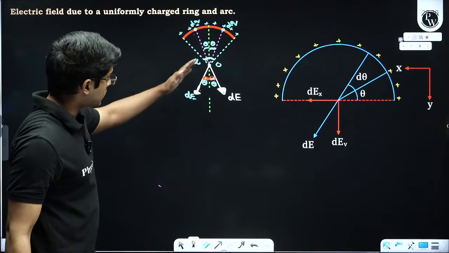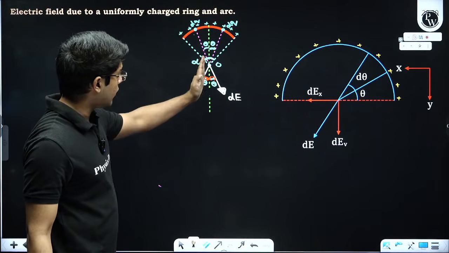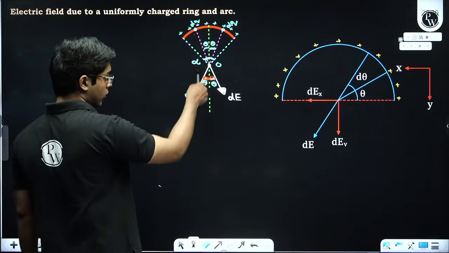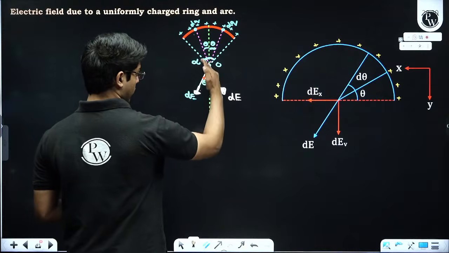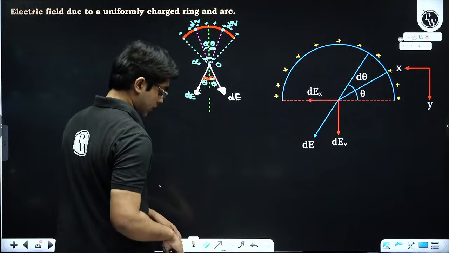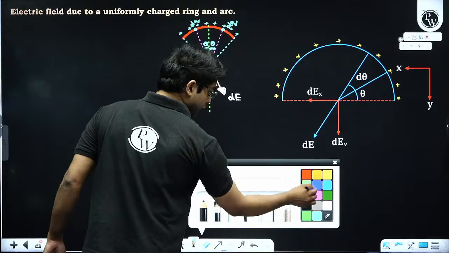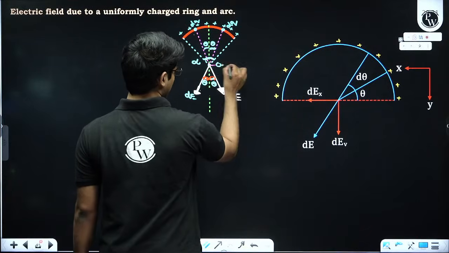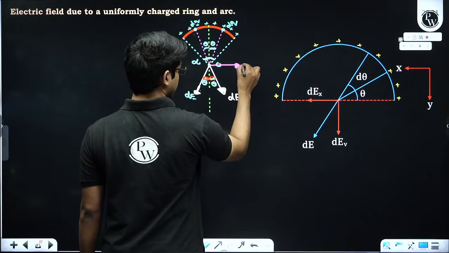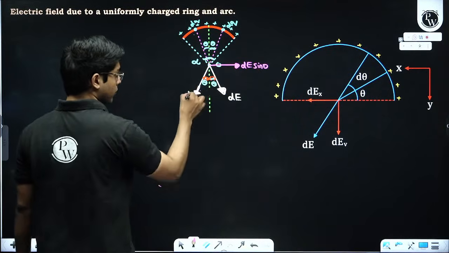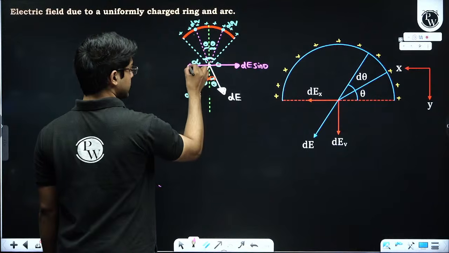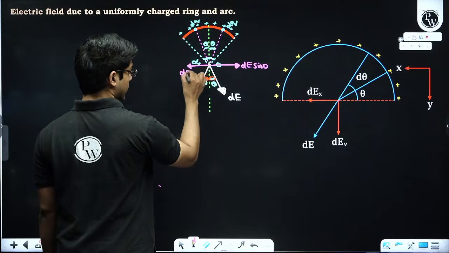If you notice, dE's component along the green line is dE cos theta, and the other dE's component along the green line is also dE cos theta. But the perpendicular component of this dE is dE sin theta, and the perpendicular component of the other dE is dE sin theta itself, but on the other side.